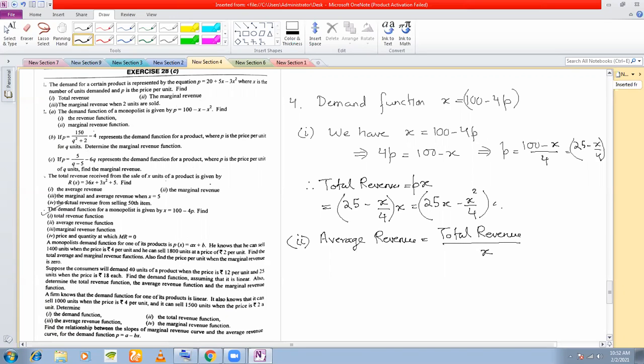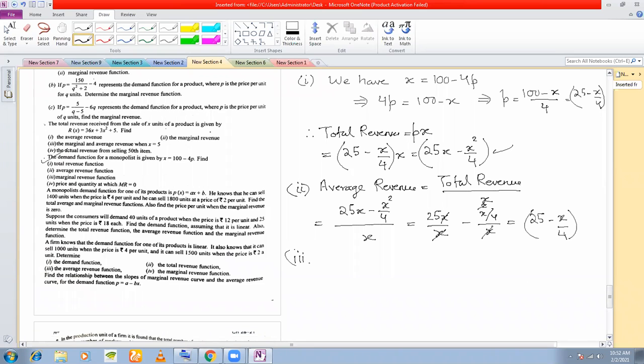What is the total revenue we have found here? 25X minus X square by 4, whole divided by X, which is 25X by X minus X square by 4 by X, right? So one X cancels from here and this X cancels from here. What do you get? 25 minus X by 4. So that is your average revenue, right?